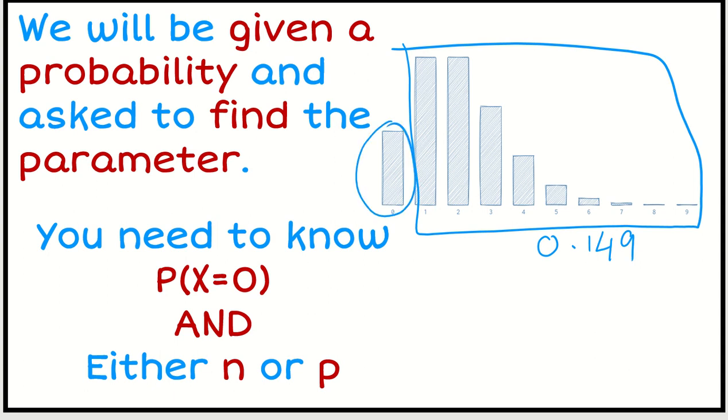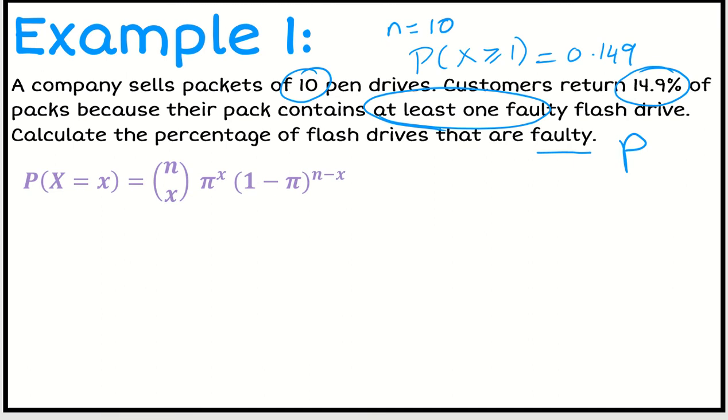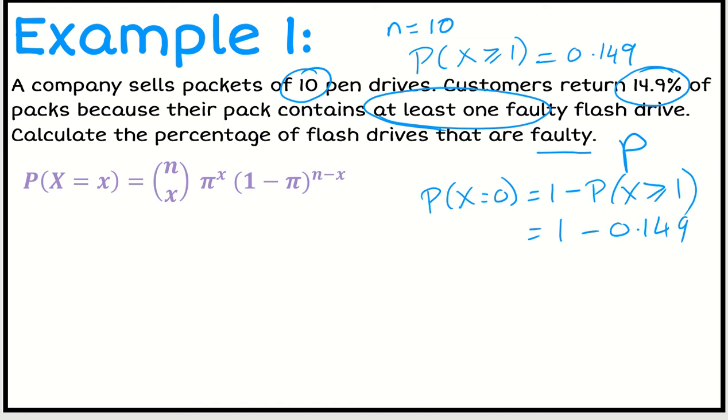So in order to find the chance of 0, I can do 1 minus that 0.149, and that will tell me the remainder. So to find the probability that x is equal to 0, it's 1 minus the probability x is greater than or equal to 1. So 1 minus 0.149 gives me a probability for 0 of 0.851.